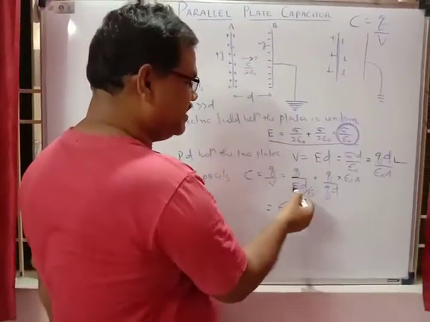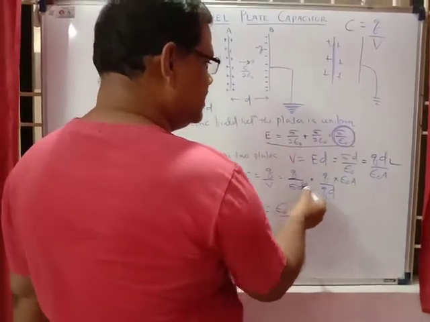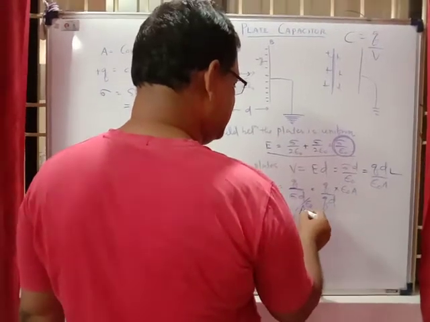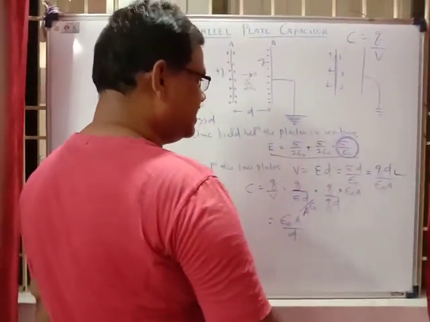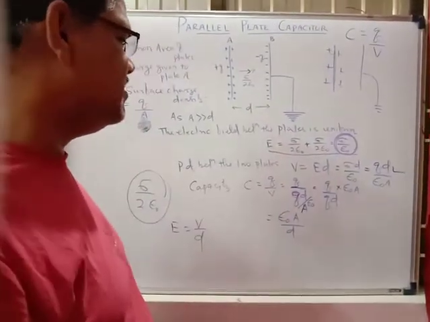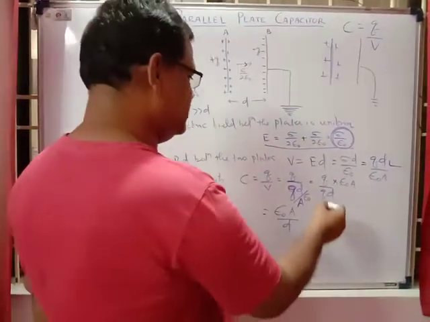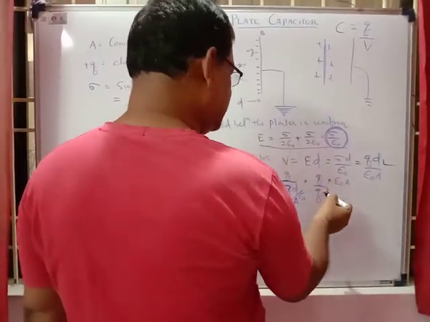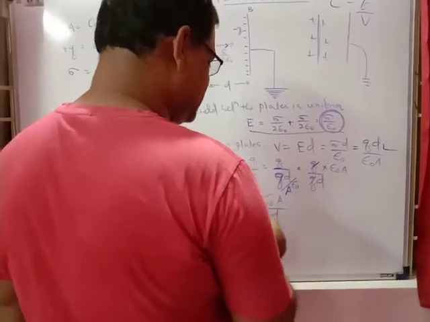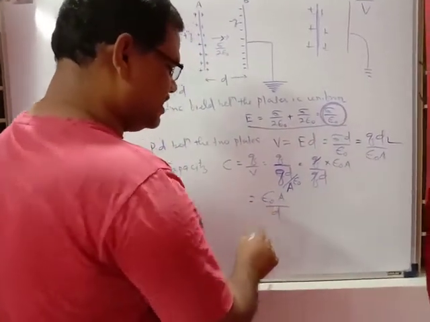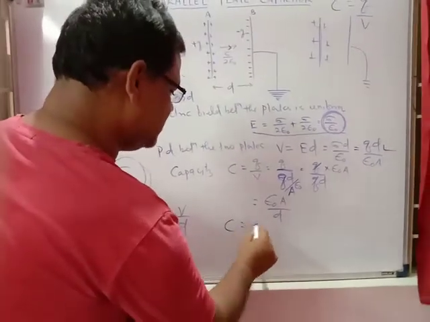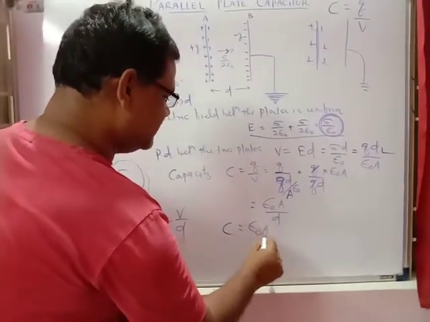We already calculated V equal to Q D upon epsilon naught A. So C equals Q divided by Q D upon epsilon naught A, and this Q is cancelled, and we are finding C equal to epsilon naught A upon D.